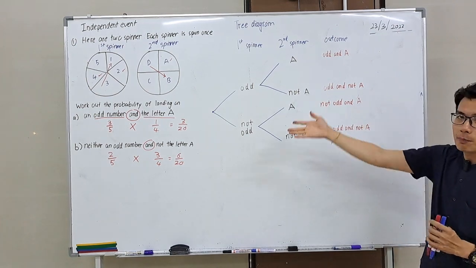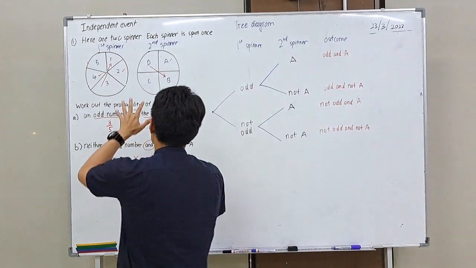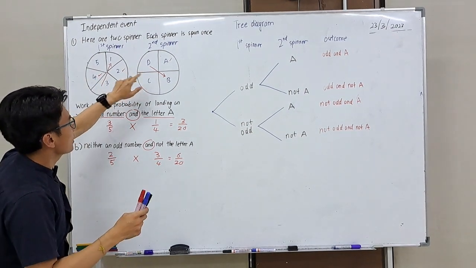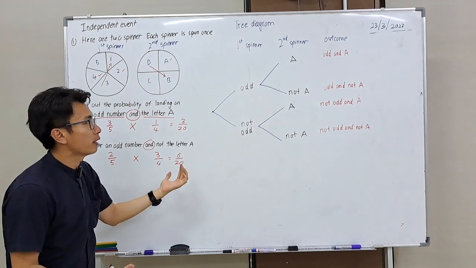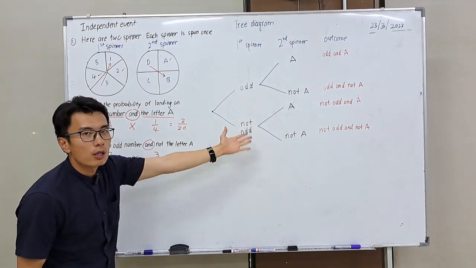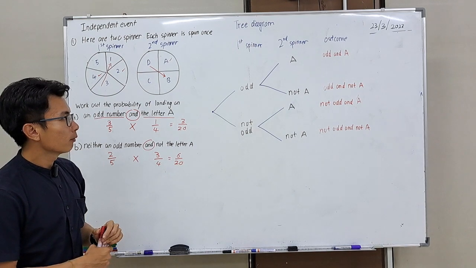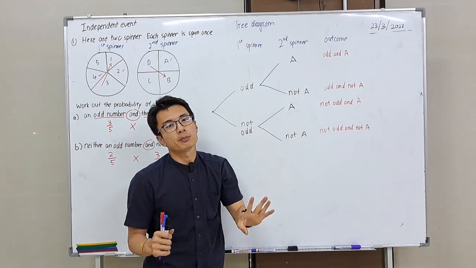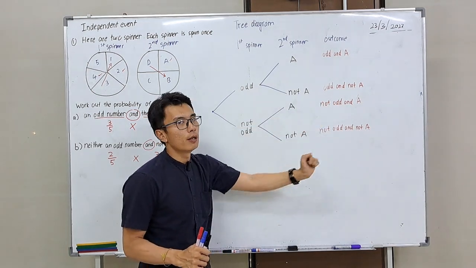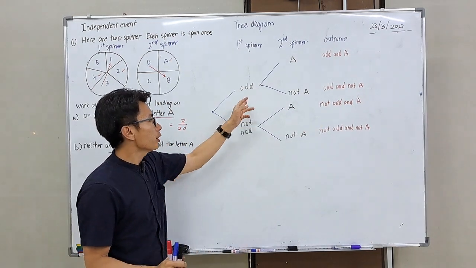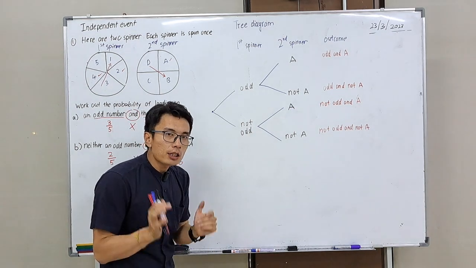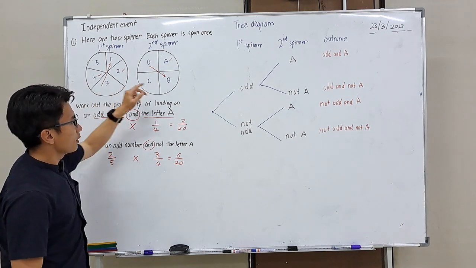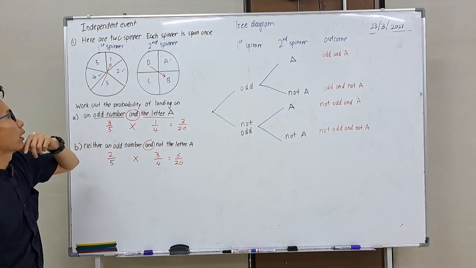All right, again, when we talk about independent events, there are two events over here. What is the probability that I will get something I want and something I want over here? That's an independent event, and that's how we describe it using a tree diagram. There are a total of 4 possible outcomes as labeled so far. We're not done yet. In this tree diagram, we can input all the probabilities that we know. Based on the first spinner, what is the probability that we get an odd?